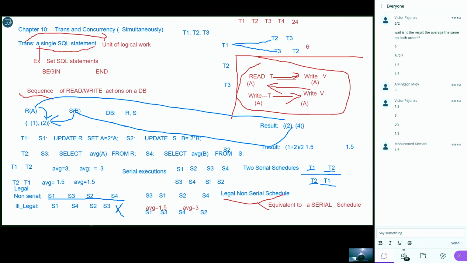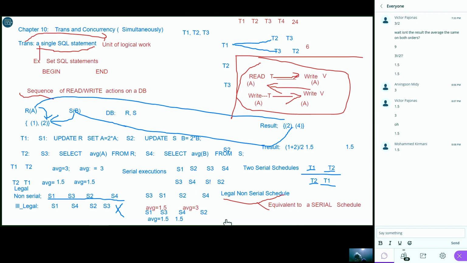Nothing is going to change here. So what did we see here? Really, the conclusion is that different non-serial schedules are going to give you different answers.